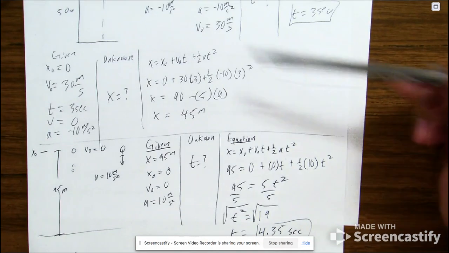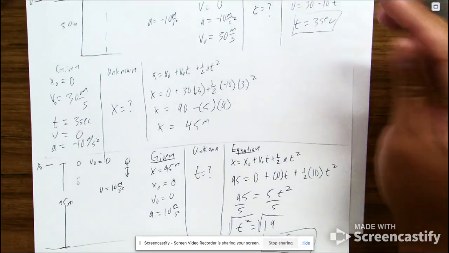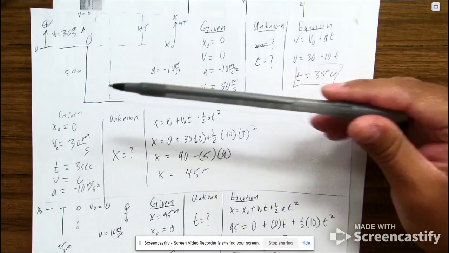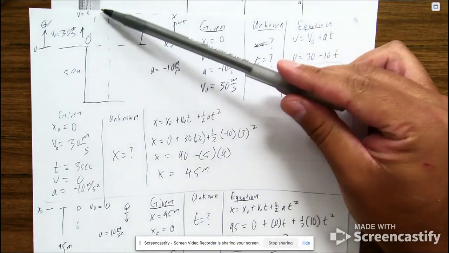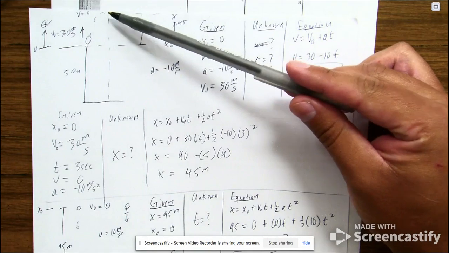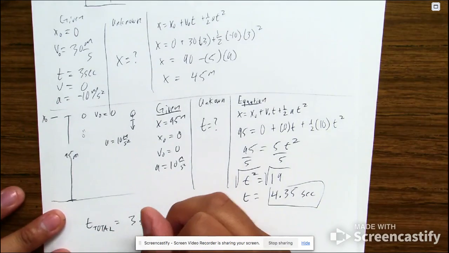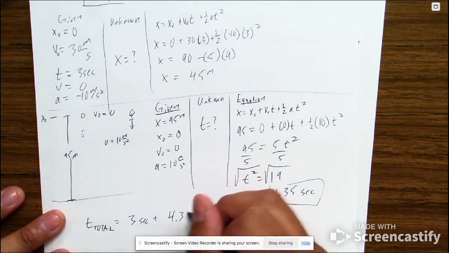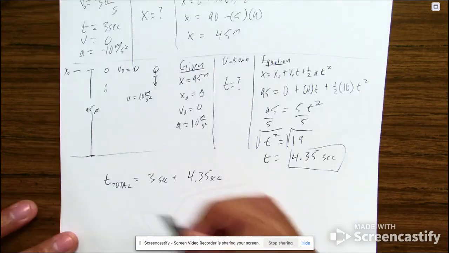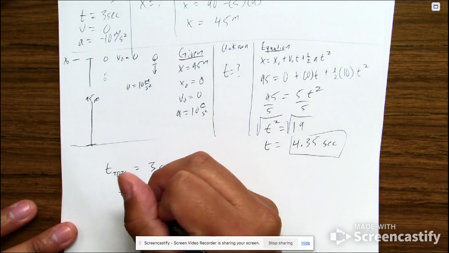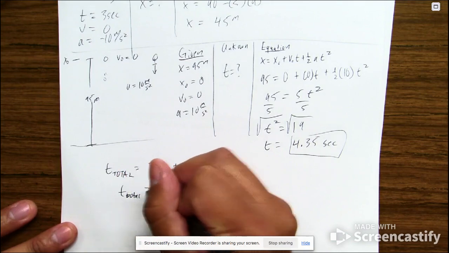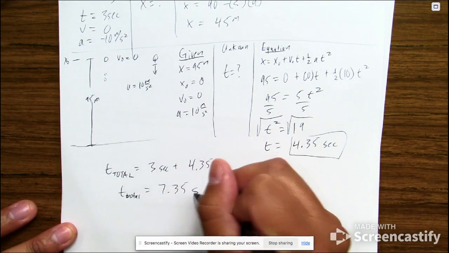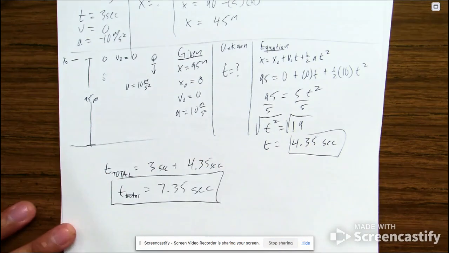Our total time is the 3 seconds it took to climb up here plus the 4.35 seconds it took to fall. So 3 seconds plus 4.35 seconds. And what you get is your total time, 7.35 seconds, which is pretty much the same answer we got from the other method.